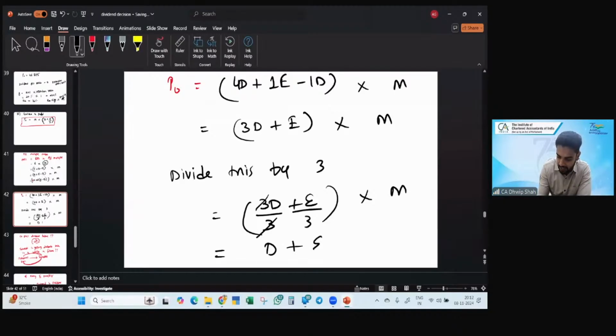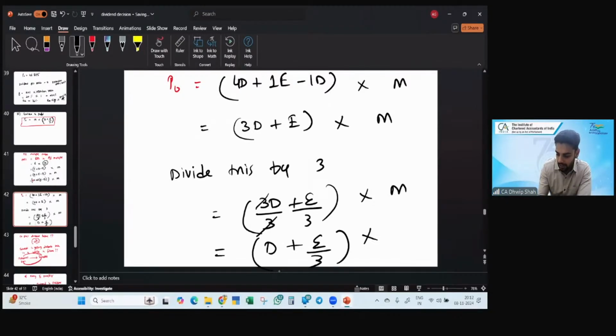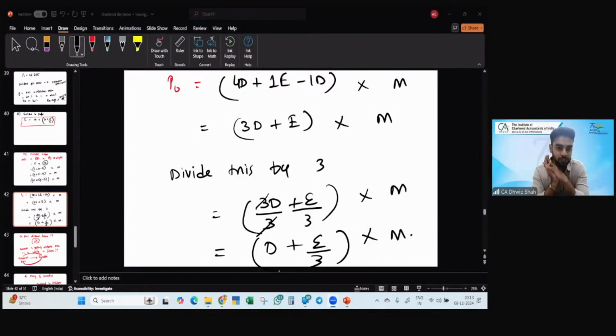The formula is (D plus E upon 3) multiplied by the multiplier. This is how I feel he would have derived his formula. Are you getting this? This is how the derivation of this formula would have happened.